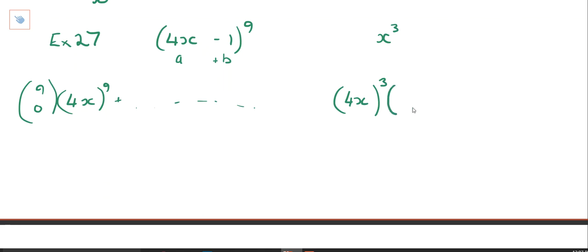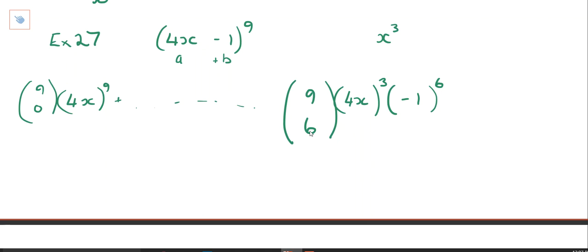Now we need to know, well, what's the thing going to be multiplied by? So it's going to be minus 1 to the power of 6. That's the whole they have to add up to 9 thing. And then in here will be 9 over 6. Or 9 over... What's the same as 9 over 6? 9 over 3.